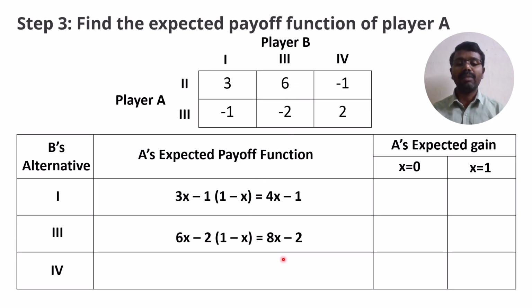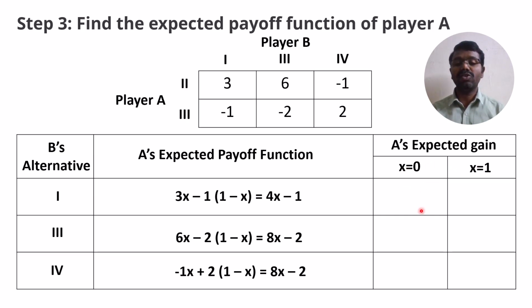And again for the fourth strategy, the payoff function will become minus 1 into x plus 2 into 1 minus x. So here there is a mistake. Then A's expected gain will be x minus 0.